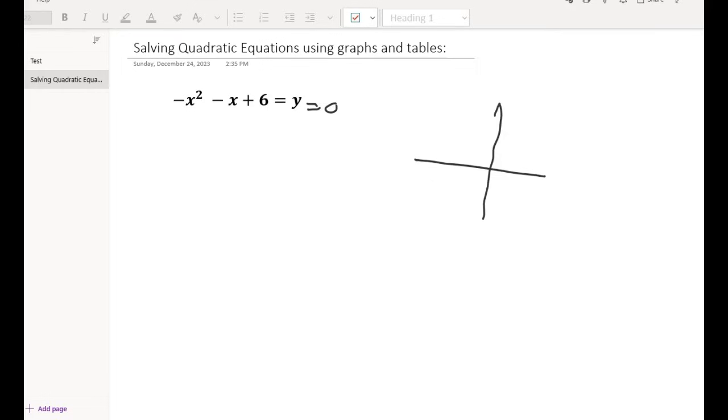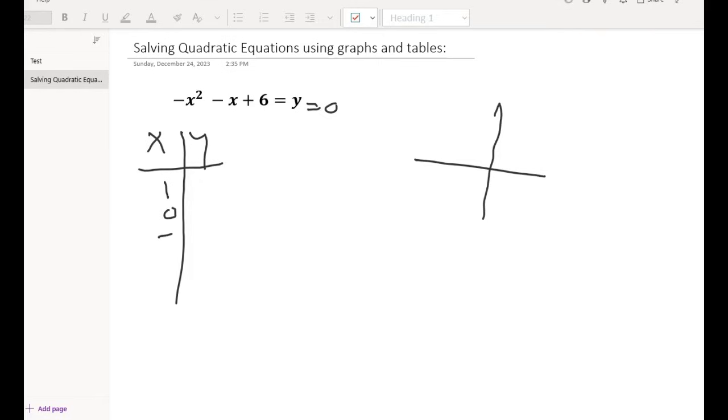So let's just start with x and y. We have x, y. The easiest numbers, like I mentioned, would be 1, 0, and negative 1.